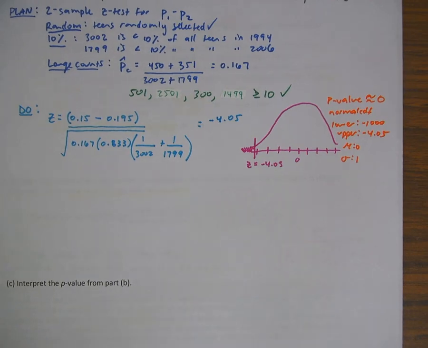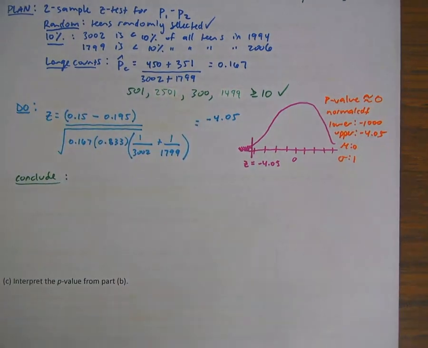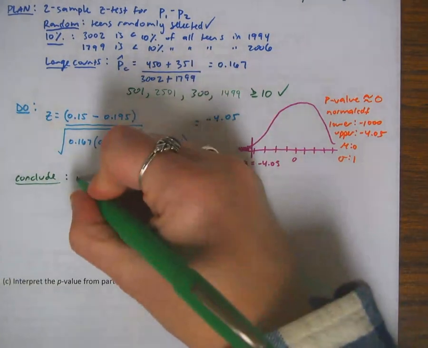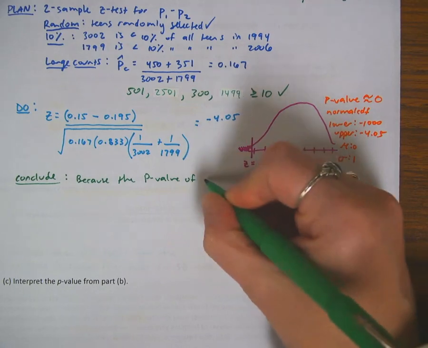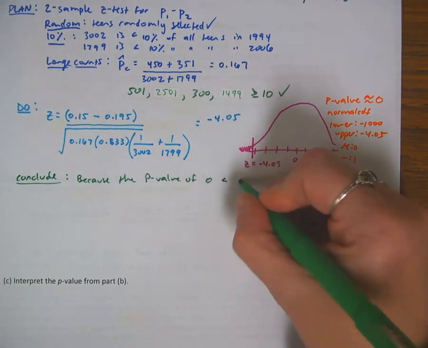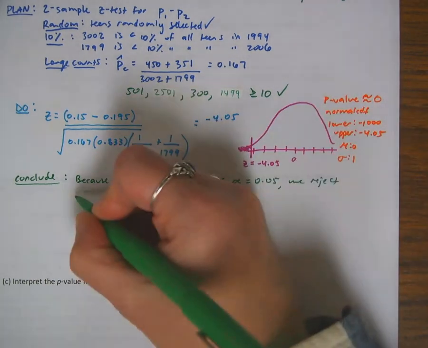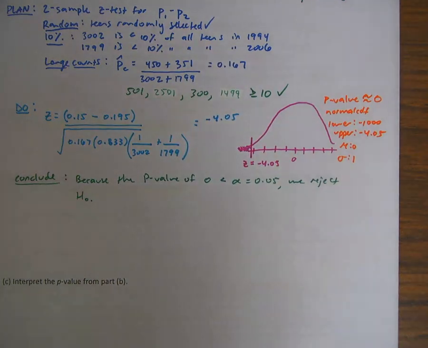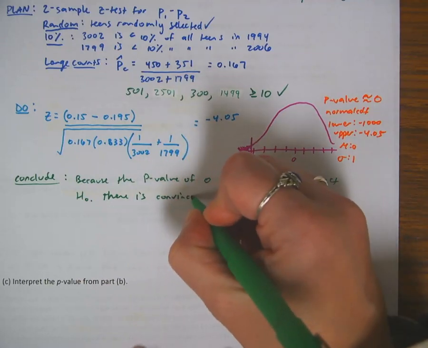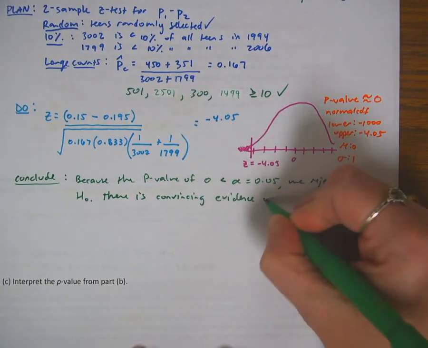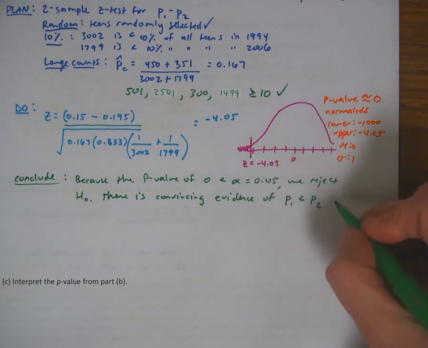Now we're ready to conclude. All right. Because the p-value of 0 is less than really any significance level we could have chosen, we reject the null. There is convincing evidence of population proportion 1 being smaller than population proportion 2.